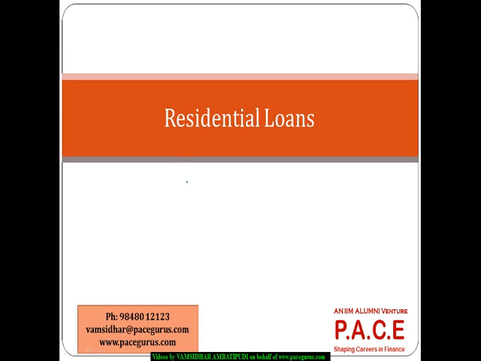Now let's talk about residential loans, or residential mortgage loans, for which the typical collateral is the residential real estate, the property. Which means if a borrower has defaulted, the lender typically will have access to this collateral. A key characteristic we typically see in residential mortgages is the loan to value ratio, typically called LTV.